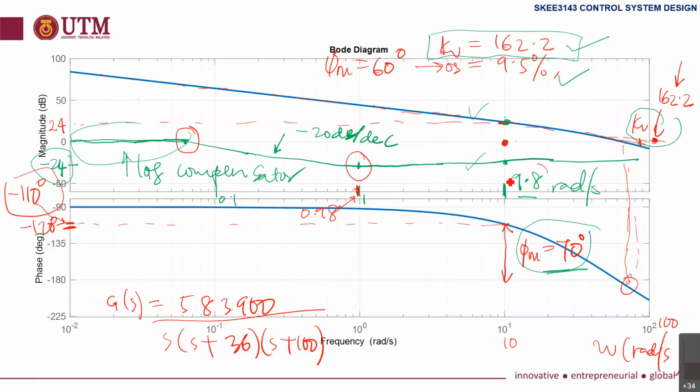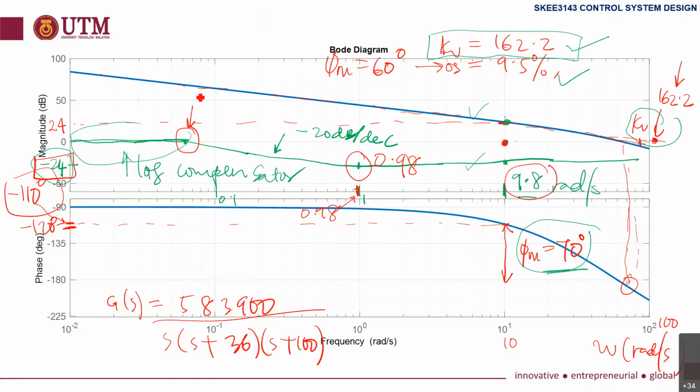If this is 9.8, here is 0.98 radian per second. And this depends on the line that you make. It will not be 0.098 because here it is 24 dB. If it were 20, then yes, 1 decade becomes 0.098.